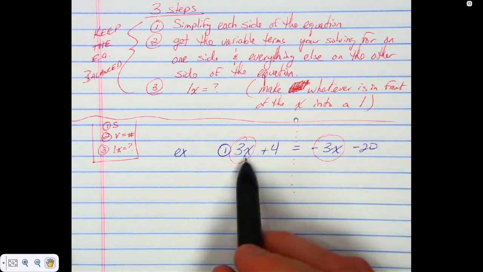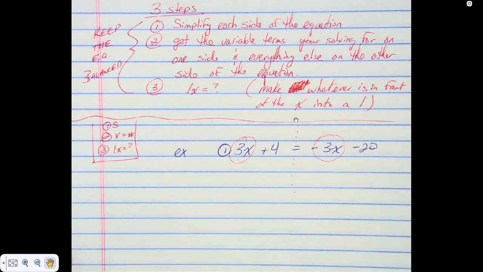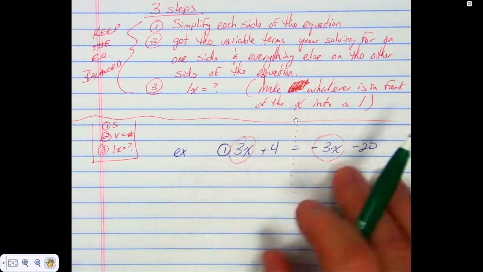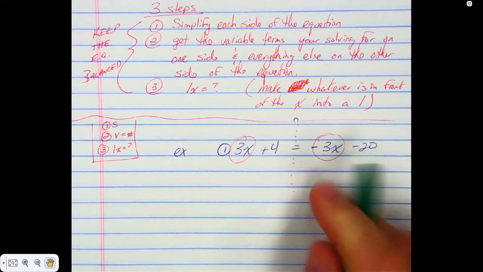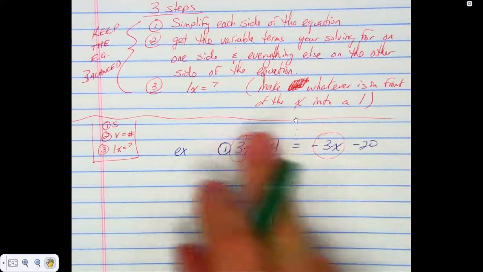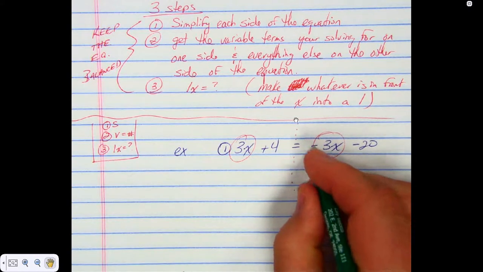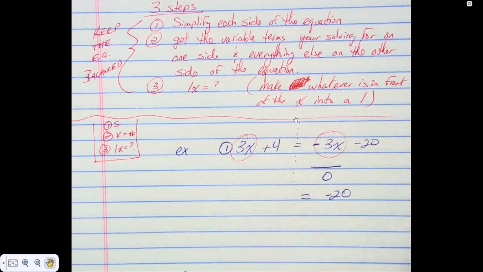First thing to do, guys, you'll see this. 3x and negative 3x don't necessarily add to 0. When you have basically the same type of thing on each side, it doesn't matter where you start. Do you want to get rid of the one on the right or the one on the left? How do I need to make this into a 0, because all I want left over here is a negative 20?